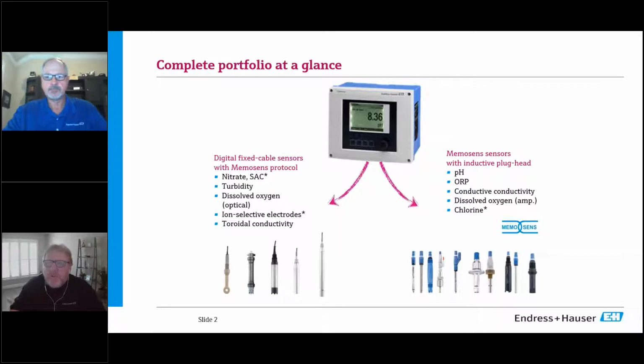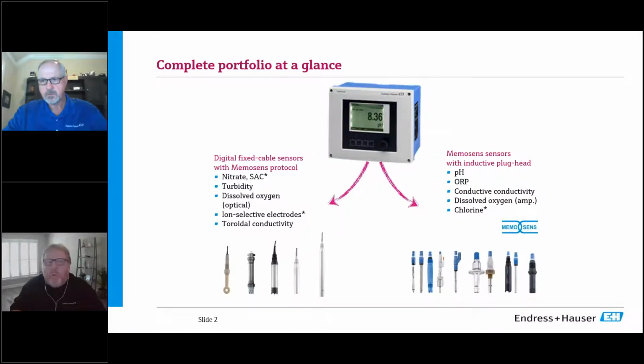And I think you'll see when Butch dives into some of our sensor technology, you'll see some of the big advantages that we have in this market where our customers really find a benefit and a value to using our particular electronics and sensors.